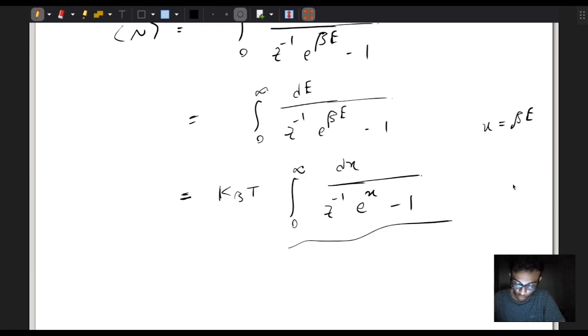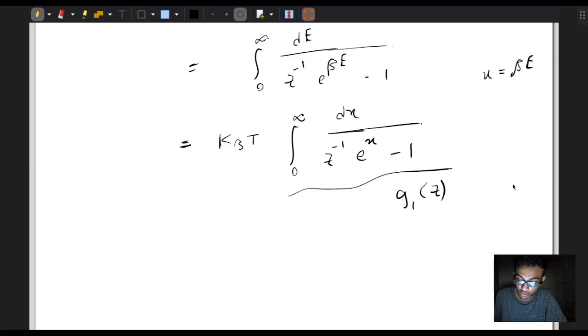This is nothing but G1 of z. In fact, this integral can be done exactly. If you remember last week, the Fermi-Dirac integral for the number of particles, when the density of states is a constant, could also be done exactly. So G1 of z, like we discussed at the start of this session, is minus log of 1 minus z.